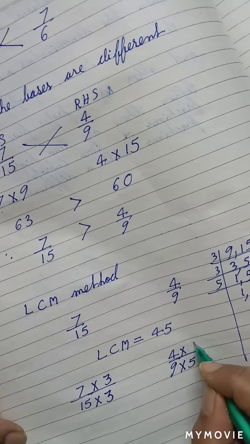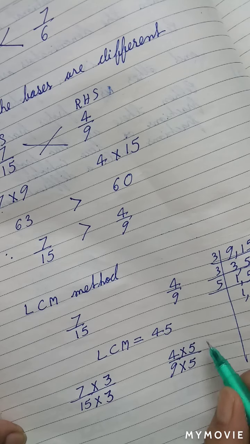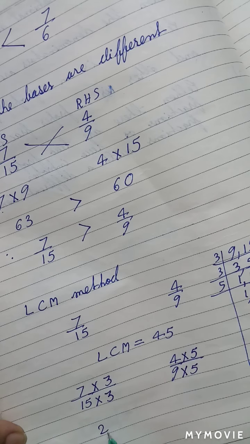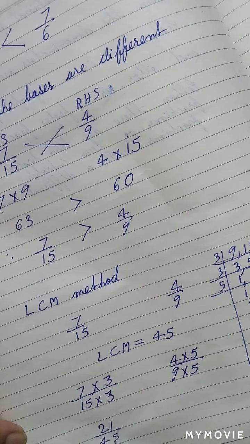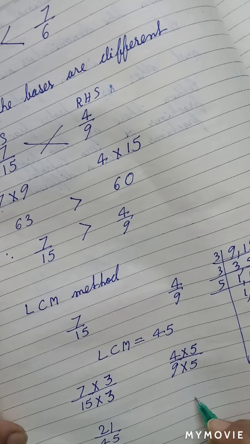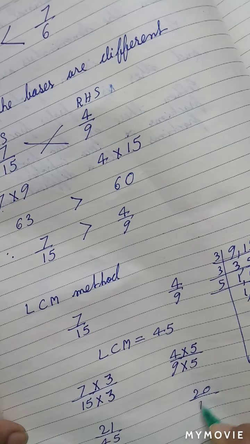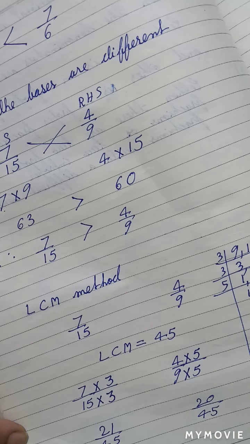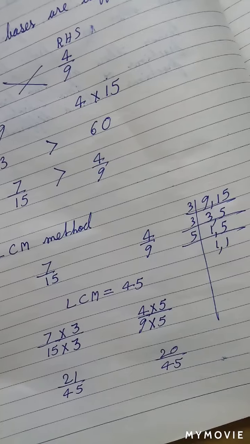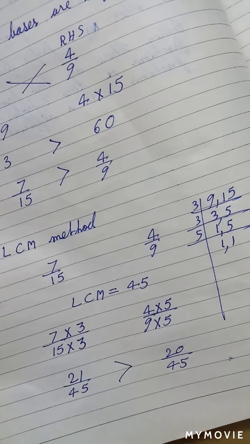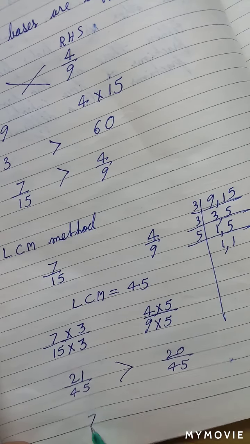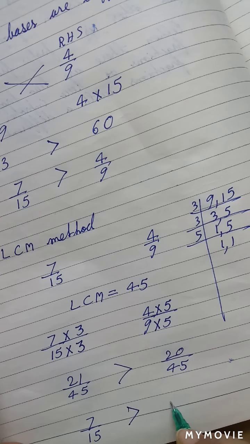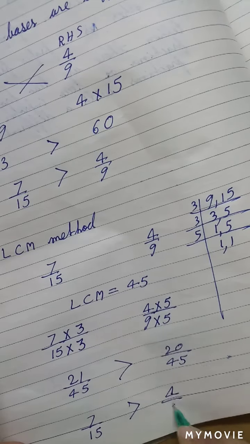We will multiply it by 5, and we will repeat the process for the numerator. So we have got 21 by 45, and we have got 20 by 45. So clearly 21 by 45 is greater than 20 by 45, which means 7 by 15 is greater than 4 by 9.